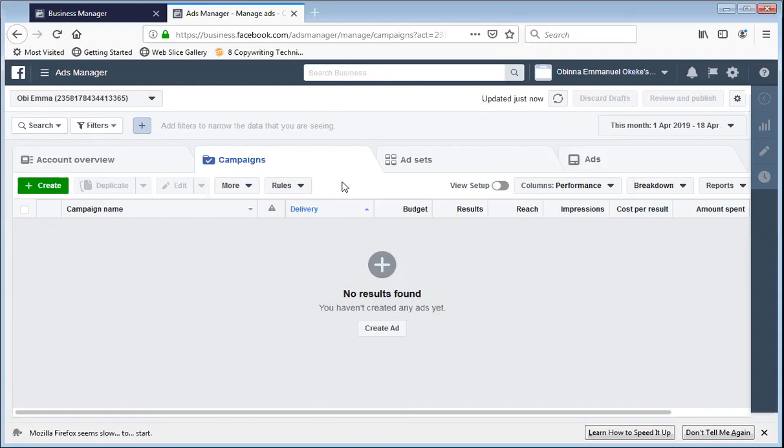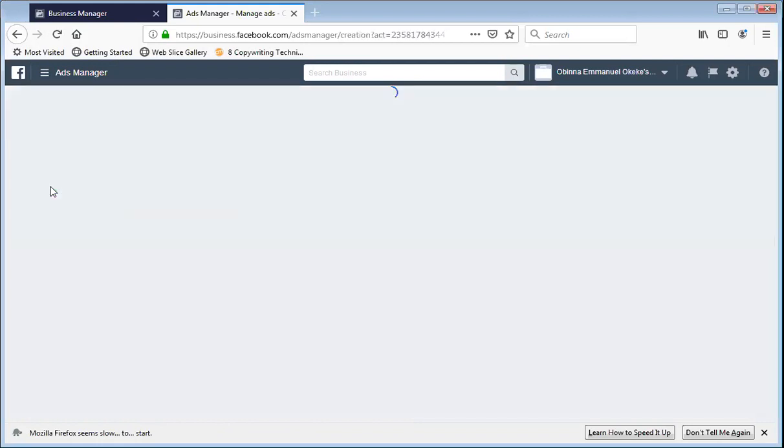Of course, if you have created multiple ad accounts, you are going to choose the one you want to use for the particular advert. But if you just have one ad account, it automatically brings you here. And when you get here, you can see this green button on the left-hand side. You click on create.